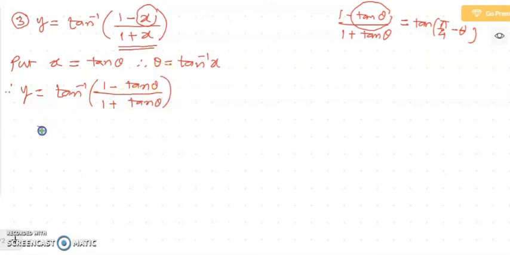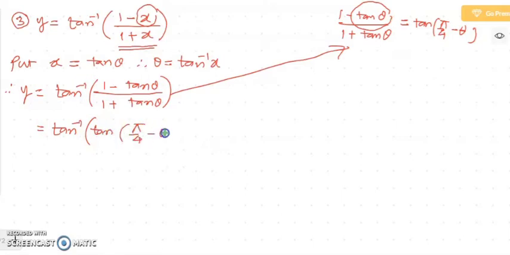Now 1 minus tan theta upon 1 plus tan theta is tan of (pi by 4 minus theta), which means it is equal to tan inverse of tan of the bracket, and that is the bracket. So it is pi by 4 minus theta.